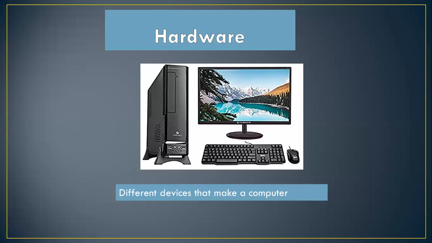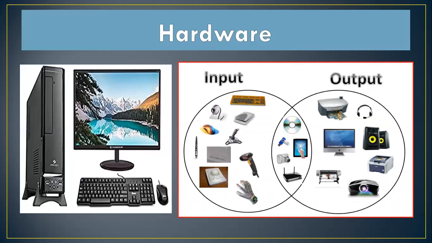They can also be output devices. The central processing unit, mouse, keyboard, they all are hardware. Let's see here. You can see input hardware as well as output devices. These all are hardware.